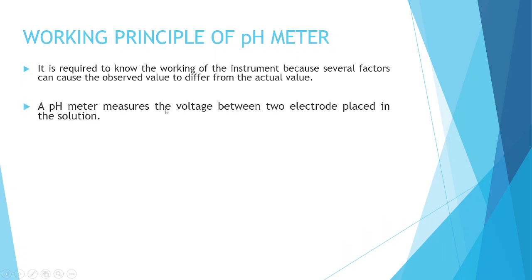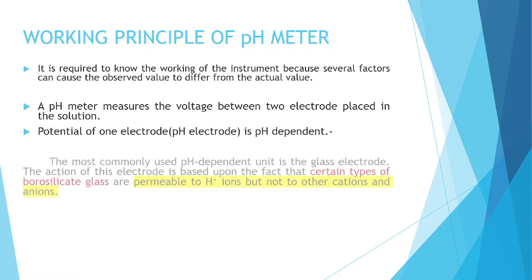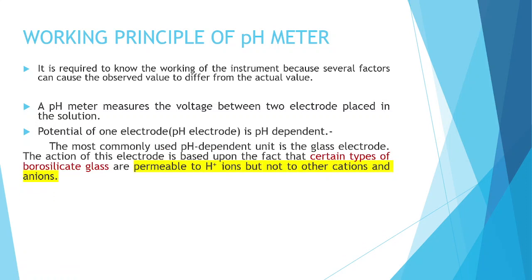A pH meter measures the voltage between two electrodes placed in the solution. The potential of one electrode, the pH electrode, is dependent, while the other remains unchanged, not affected by the hydrogen ion concentration in the solution. The most commonly used pH dependent unit is the glass electrode.